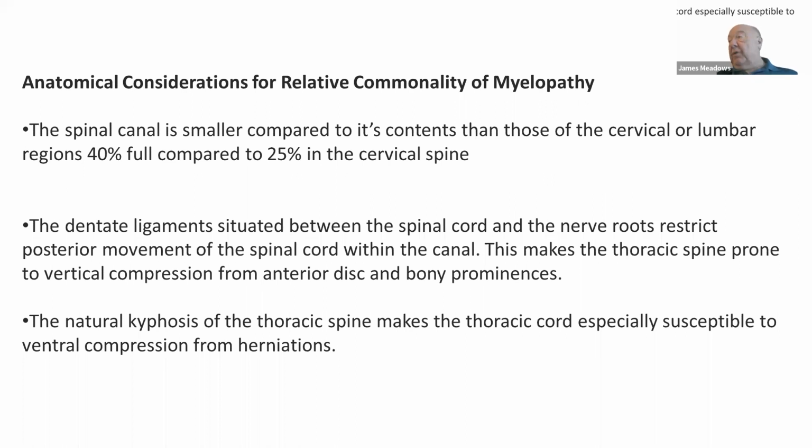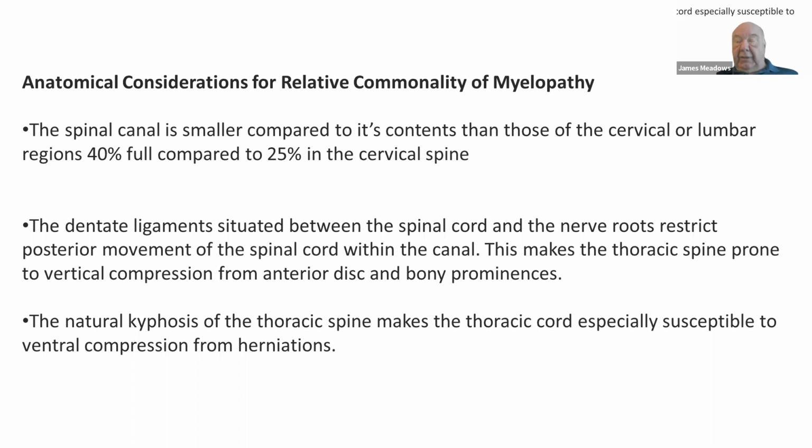In the thoracic spine, the contents take up about 40% of the diameter of the canal, whereas in the cervical spine, it's only about 25%. So there's less room in there for a disc herniation or osteophytes to be accommodated by the canal itself. So smaller disc herniation, smaller osteophytes can have a bigger effect.